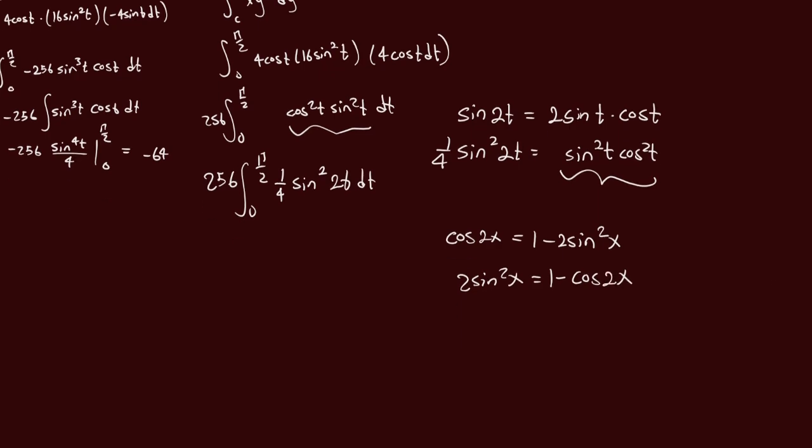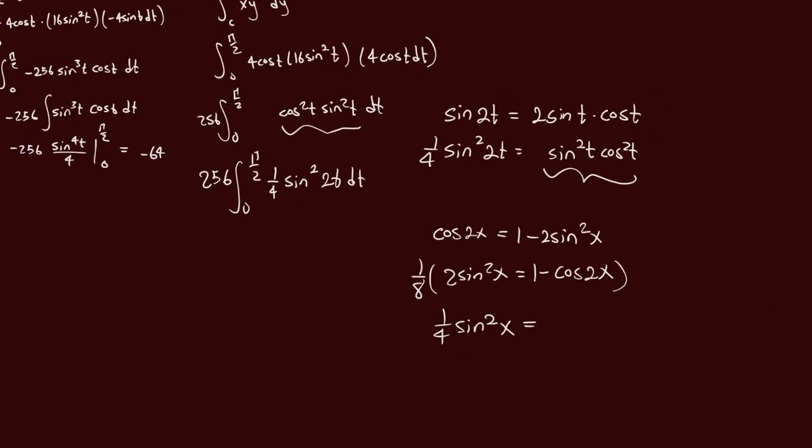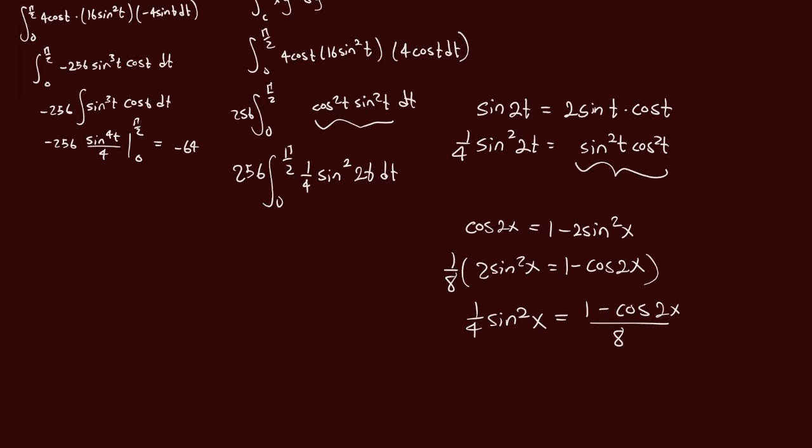Now what we're going to do is times this by 1 over 8, so this is 1 over 4 sin squared x, which is equal to (1 minus cos 2x) all over 8. Okay? And we can just plug this into here.